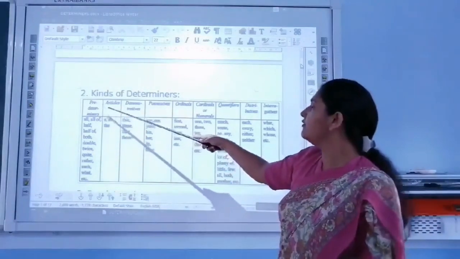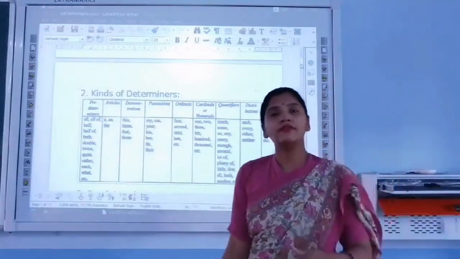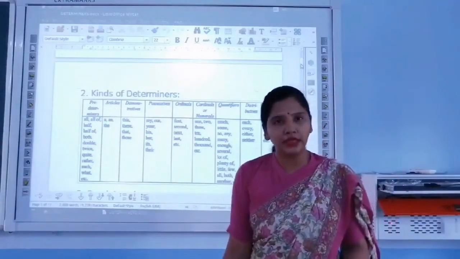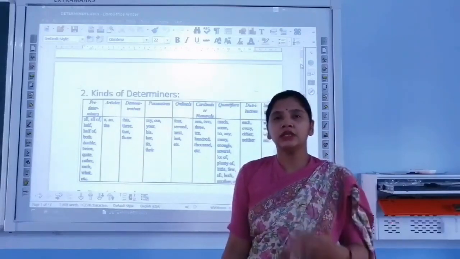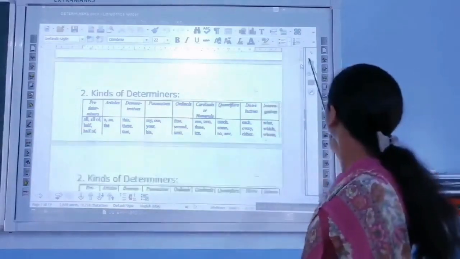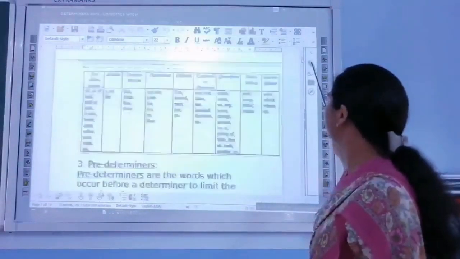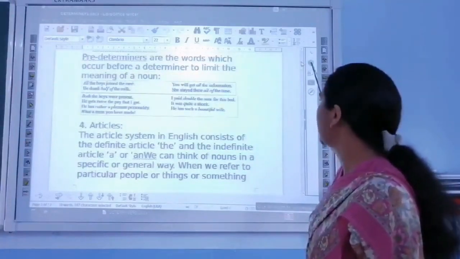First of all, we are going to learn about the articles. Articles you have started to learn from your junior class. From your first class, your teachers teach the articles a and the. So I just give a brief description about these articles.